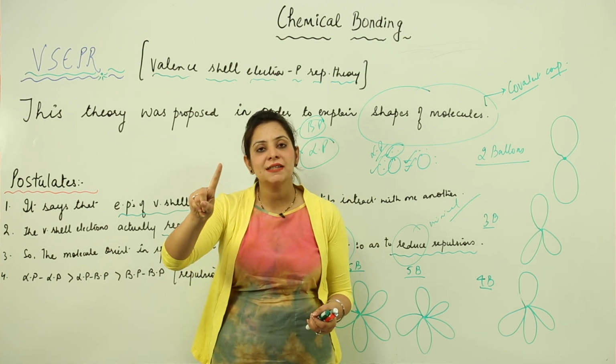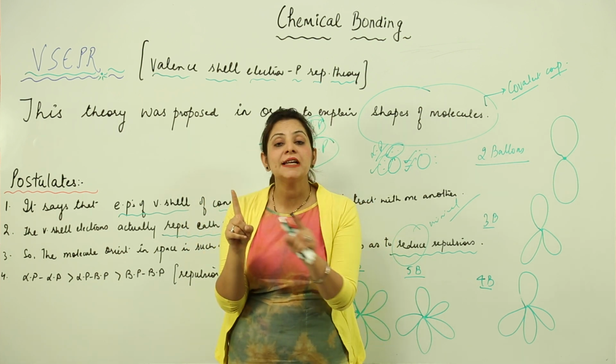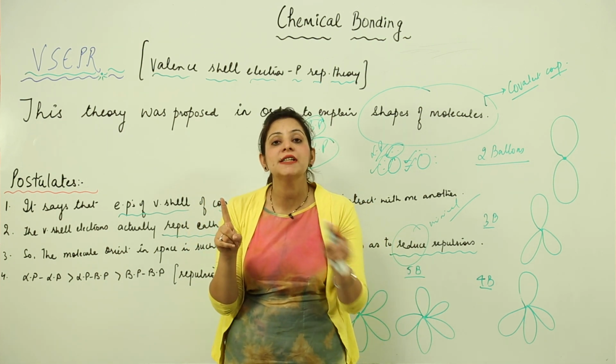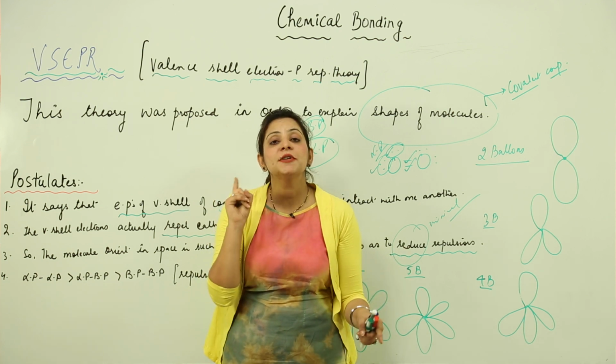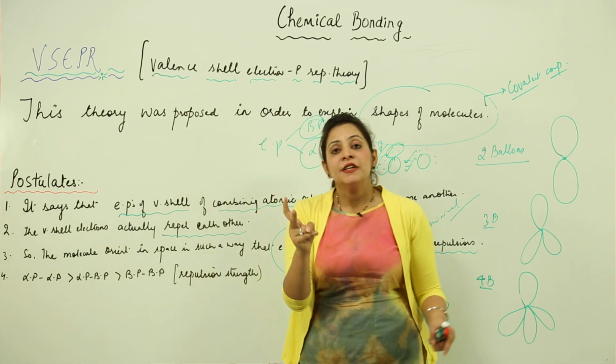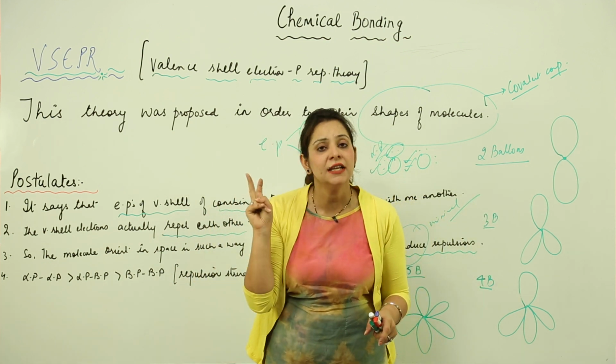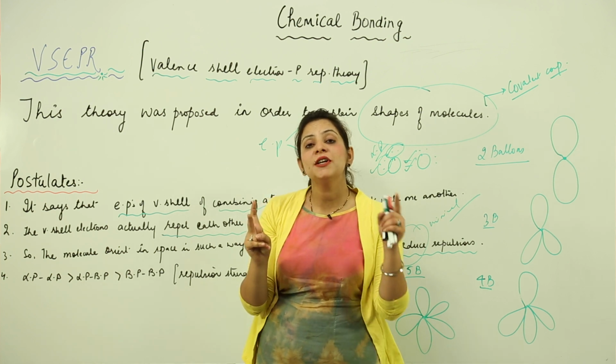First, it states that it takes into account only the valence shell electron pairs. Keep in mind, I am not talking about the inner shell electrons or the nucleus, just the electron pairs of the valence shell. Second, when atomic orbitals come closer to each other, there is an interaction, which can be attractive or repulsive.